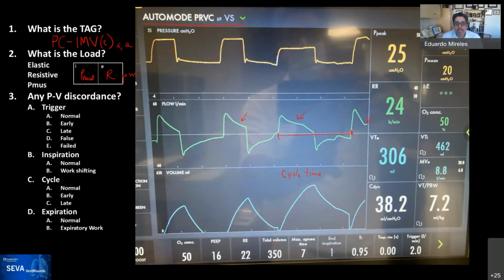And so that got long again. So look, draw the line for the first 2 breaths, and you'll see that they're similar. And from the second and the third, it's shorter. And that's why the spontaneous rate instantaneously was higher than the set mandatory rate. Or in this case, it's probably clearer to say that the total cycle time was short enough to trigger a spontaneous breath. Does that make sense? Yep.